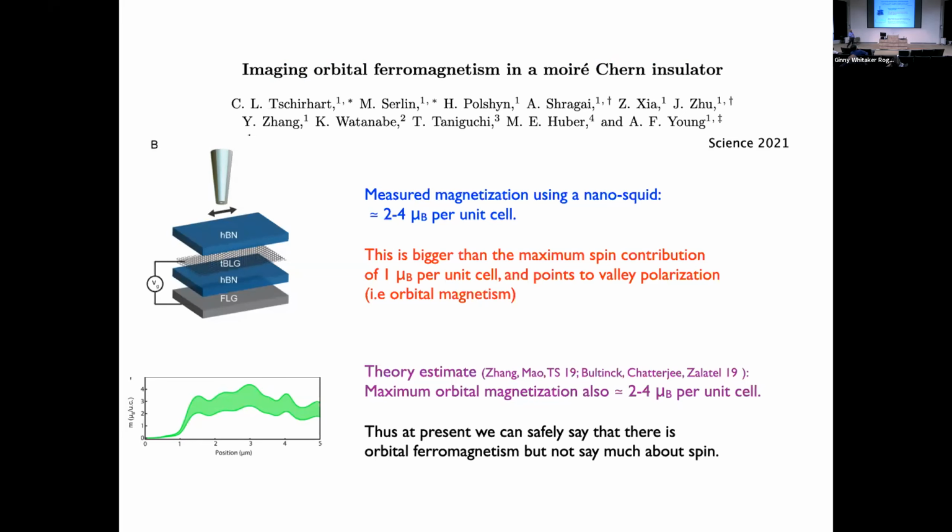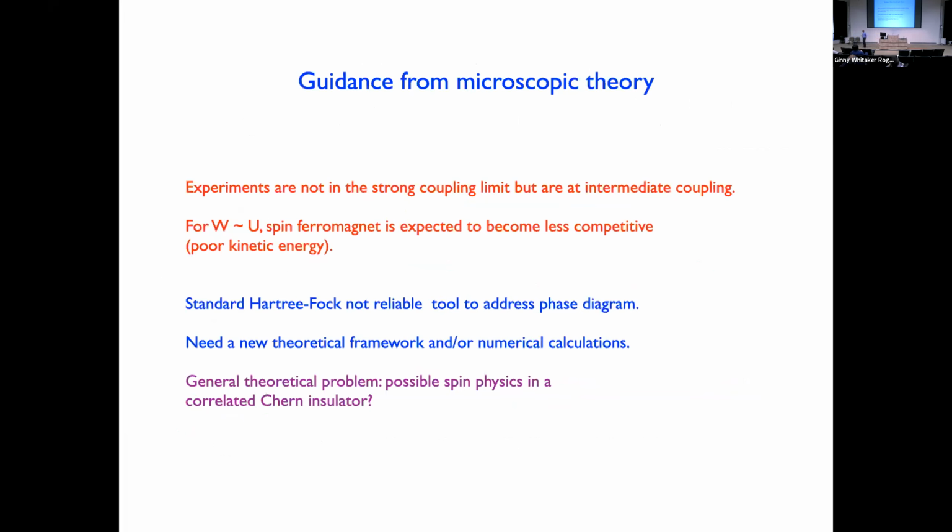It's much bigger than the maximum spin contribution that you can have if you had spin polarization, which is 1 mu B per unit cell. And theoretically, you can estimate the maximum orbital magnetization, and it's also about 2 to 4 mu B per unit cell. So it's safe to say that there is orbital magnetization, but it's not safe to say there's spin magnetization. And there are other indications from experiments from Goldhaber-Gordon that also suggest the same thing.